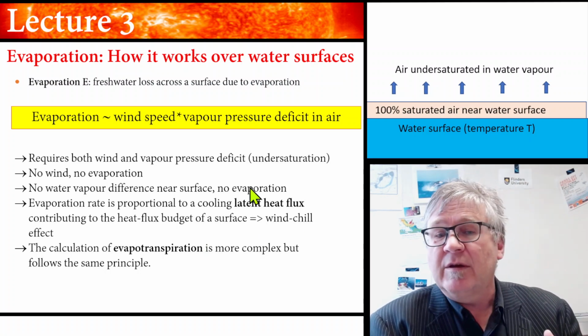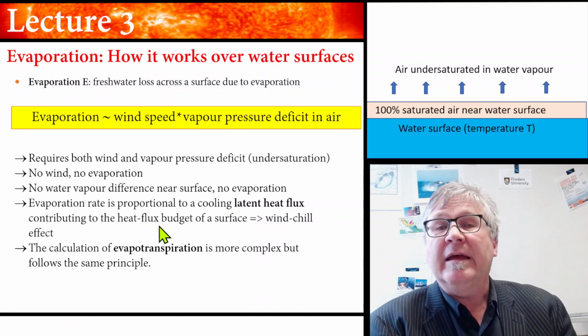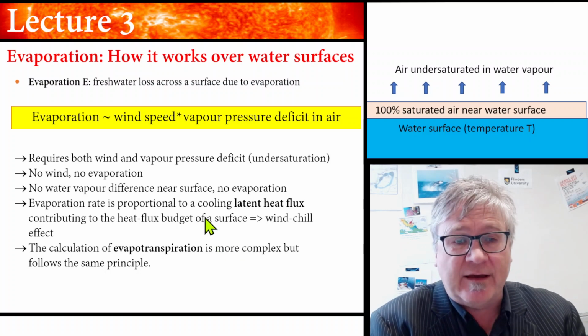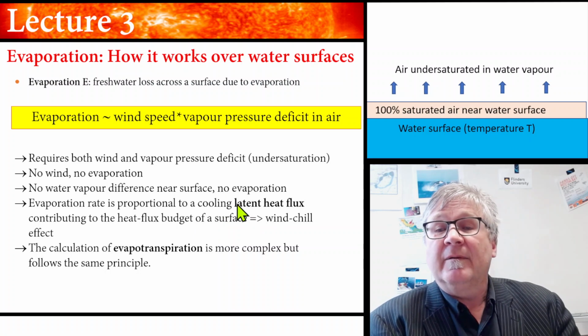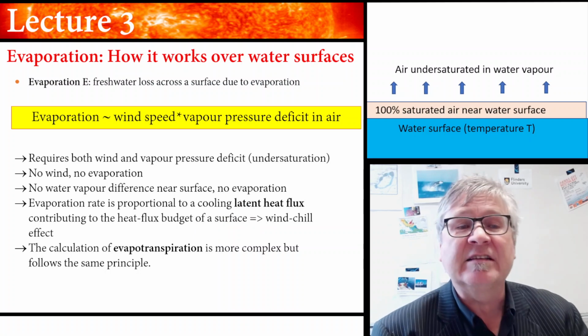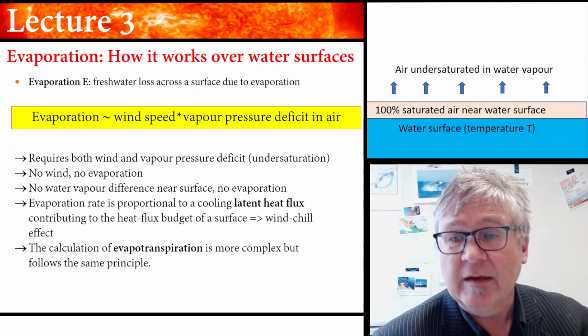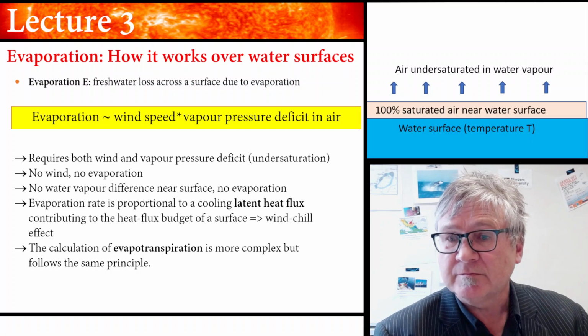So if you have strong latent heat flux, strong evaporation, it cools down. Okay, it implies a cooling effect. Okay. So this is just an explanation of how this evaporation process works. Okay, and it is independent of precipitation.